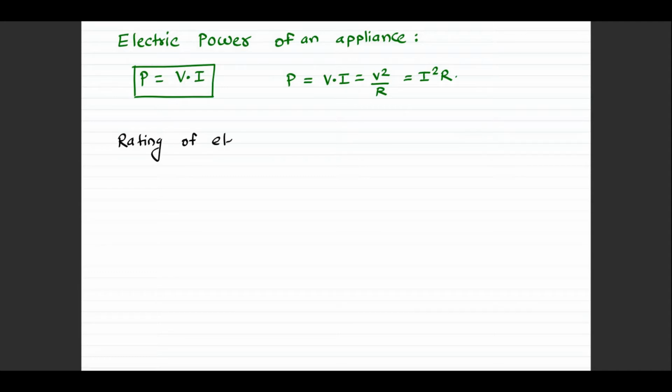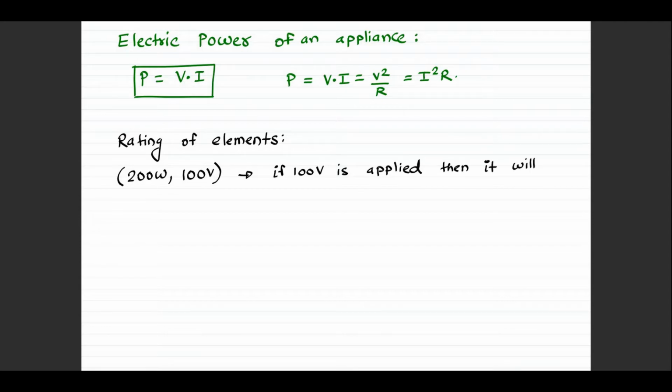Next is ratings of elements. Sometimes elements are rated like this, like 200 watt, 100 volts. That means if 100 volt is applied, then it will have electric power of 200 watt.